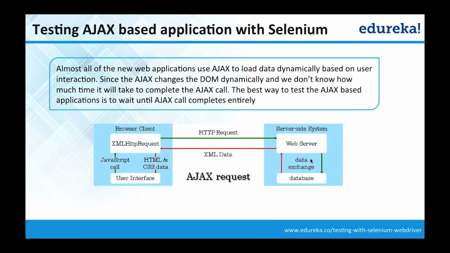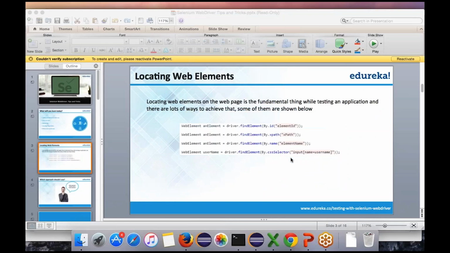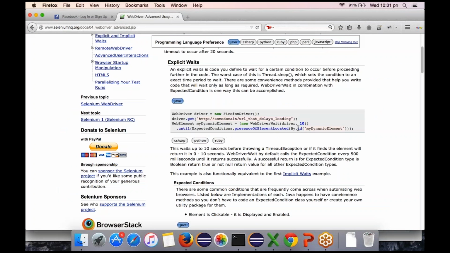Let the development team fix this issue. By that time your flow should not break, right? So to handle those scenarios you can give explicit wait for those web elements. Here you can increase the value to 10, 20, 30, 40. This is generally in seconds.